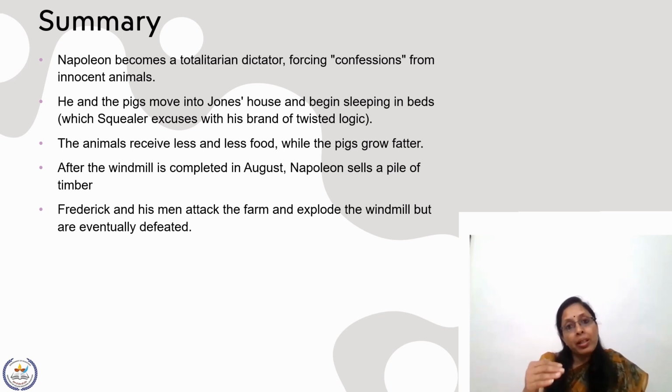But this defeat is a very dearly bought one for the animals, because many of the animals die, and many others are seriously injured. So Boxer also gets injured in this war of the windmill. And Boxer, as we know, is the strongest animal on the farm.